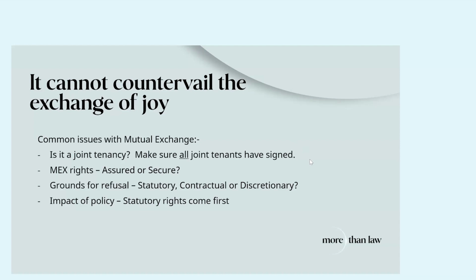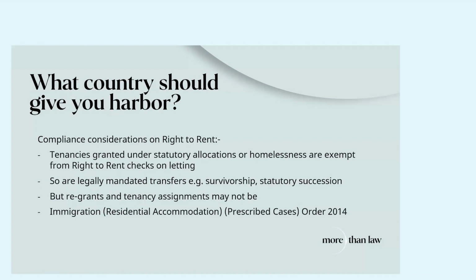The last point that we're going to move on to is a slightly quirky consideration, which was pointed out to me by a colleague not that long ago. It's a bit of an idiosyncrasy, but when you have a change of tenancy status, whether it's through a contractual discretionary succession or some kind of change of tenancy status, you mustn't forget compliance considerations on the right to rent.